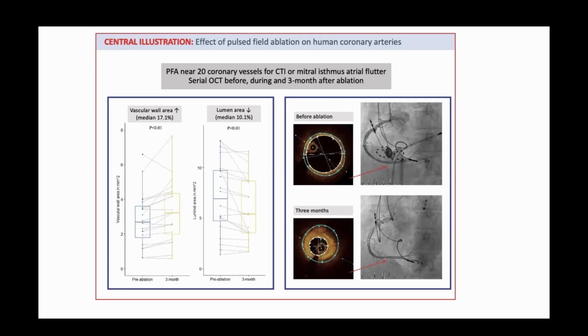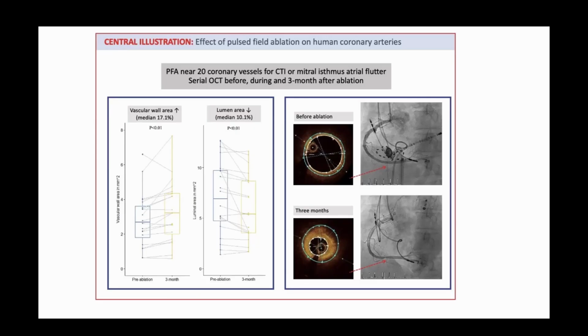I think it is important in the future to do a controlled study with RFA to see if the stenosis that we observe is specific or more significant with PFA or RFA. And the other important research that we're trying to do is bring these patients back for a longer-term follow-up OCT, because that's really the more important question, whether it will cause problems maybe 2 years, 3 years down the road.